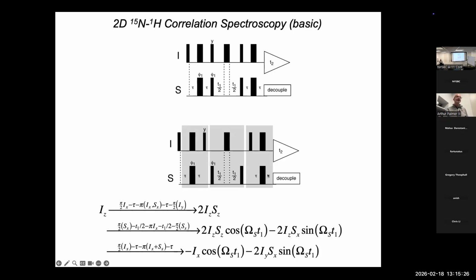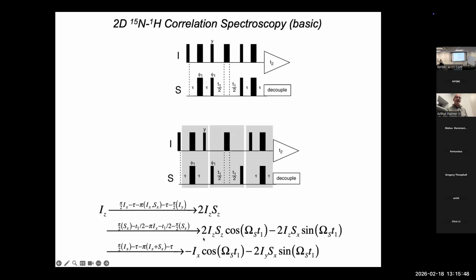And again, I'll adjust 2 tau to be equal to 1 over 2J. So after this pulse, this term becomes 2IX or minus 2IYSZ.